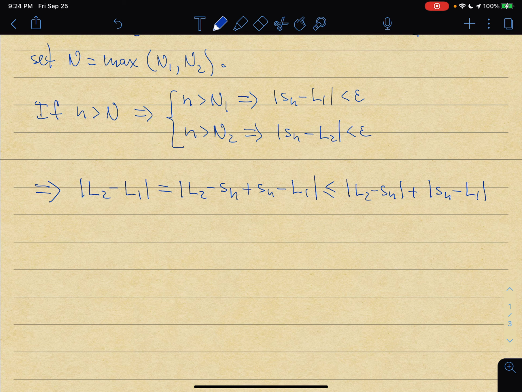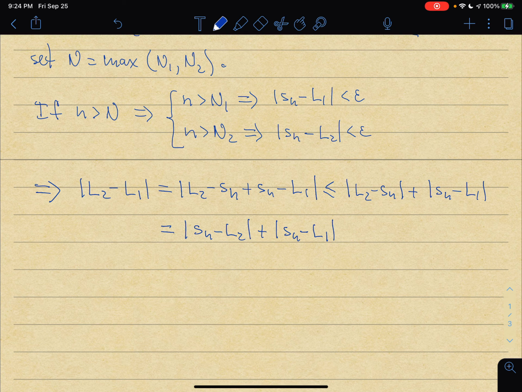Well, because I have absolute values over here, I can freely exchange the terms in the difference inside the absolute value. The absolute value of a positive or a negative number is exactly the same, so I can rewrite this as |Sn - L2| + |Sn - L1|.